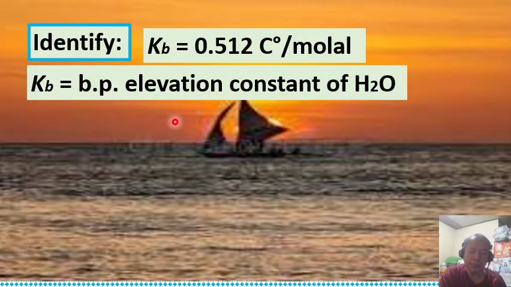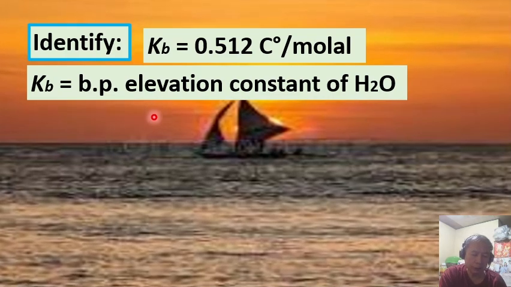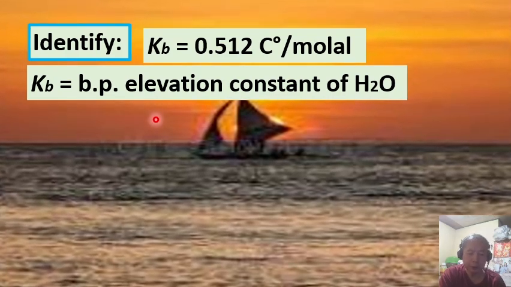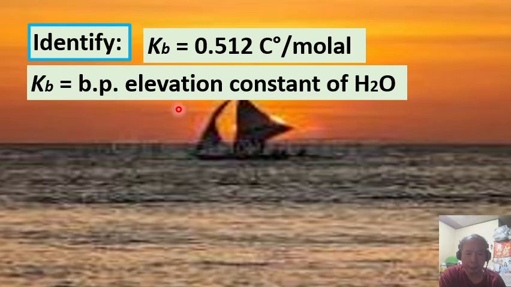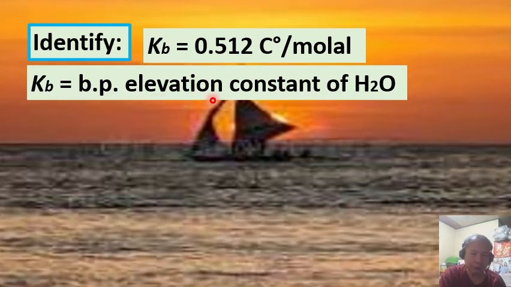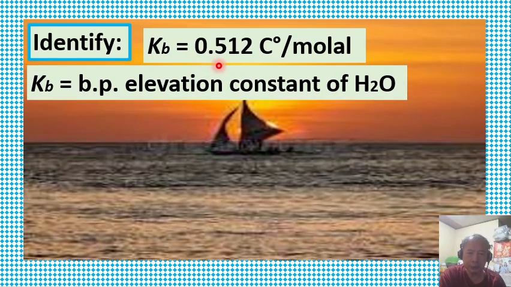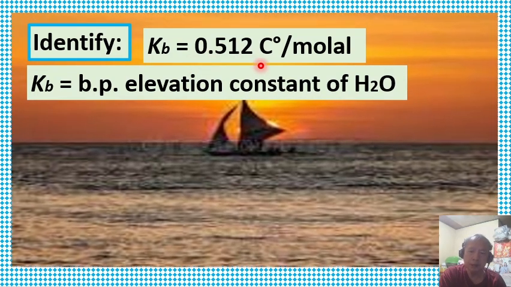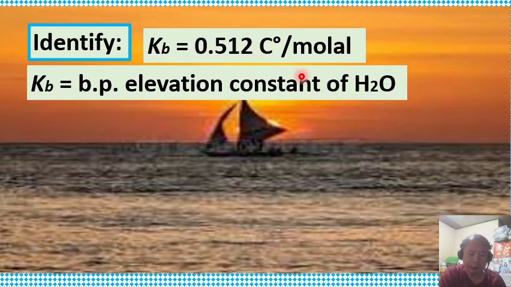The boiling point elevation constant for the solvent water, denoted by capital K sub B, is also given, equal to 0.512 Celsius degree per molal.